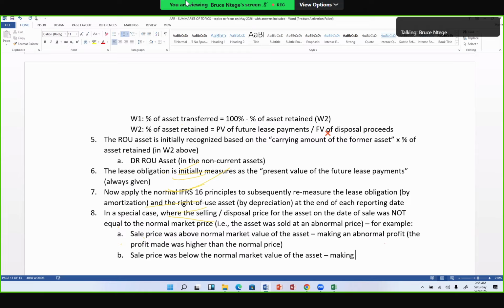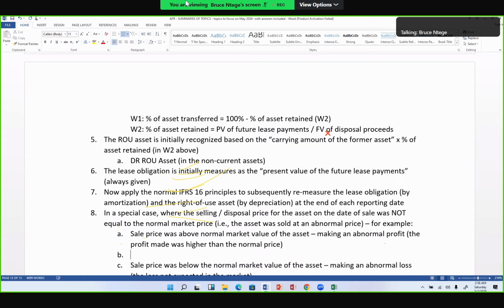In this case you made an abnormal loss, a loss compared to what you would have made, a loss that is not expected in the market. So if the question comes and you realize that the selling price was bigger than the normal price, then that excess is actually going to bring about a financial liability.